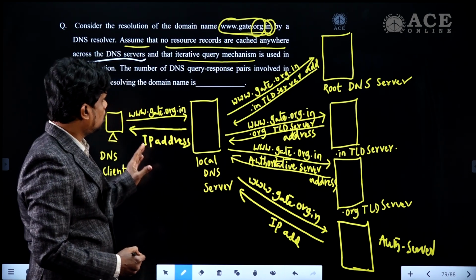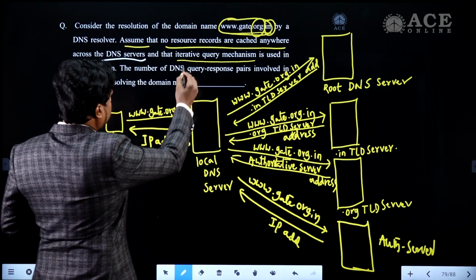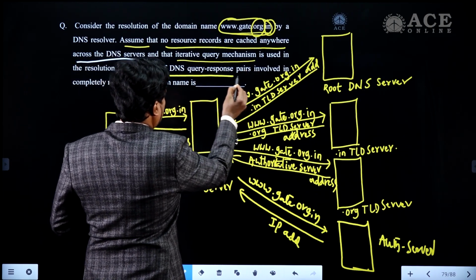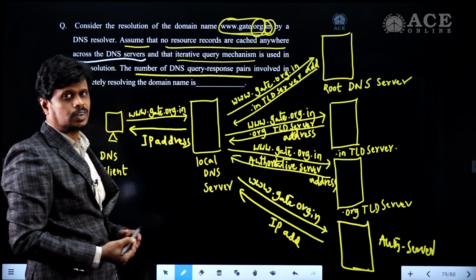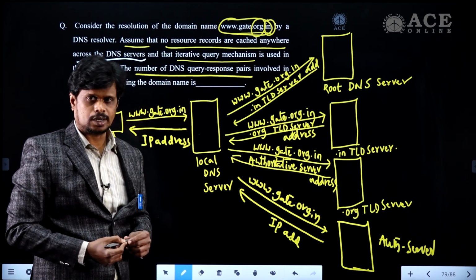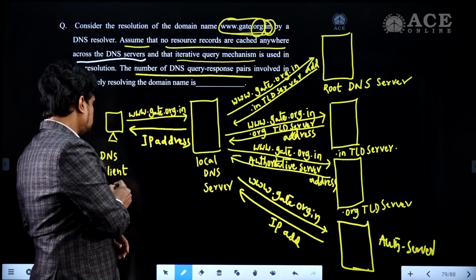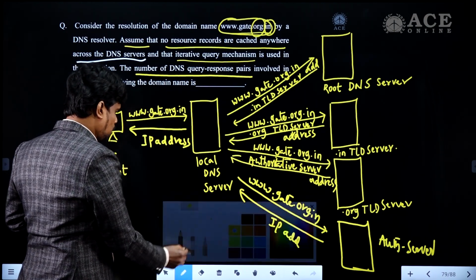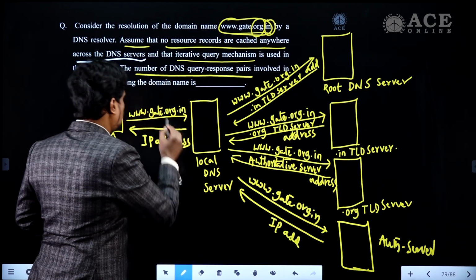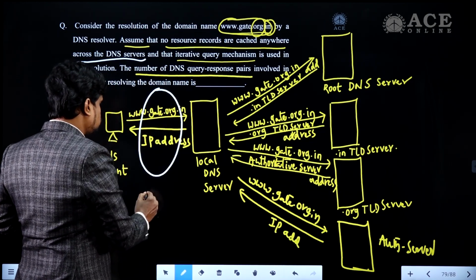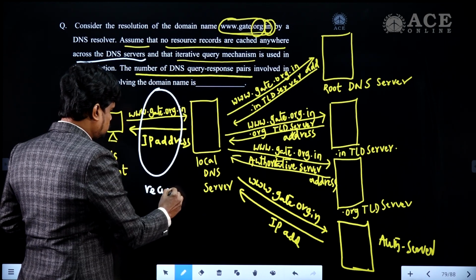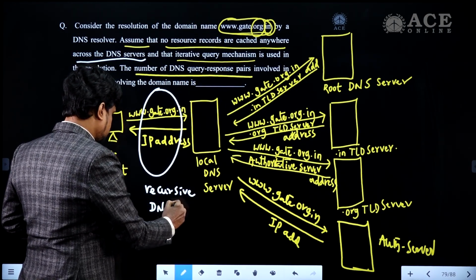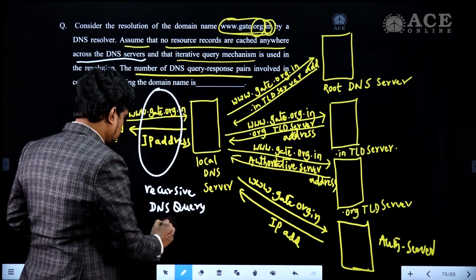Overall, as mentioned, the question is about the iterative query mechanism, and it is asking about the number of DNS query response pairs we need to calculate. See, the interaction between this DNS client and the local DNS server is called the recursive DNS query mechanism.